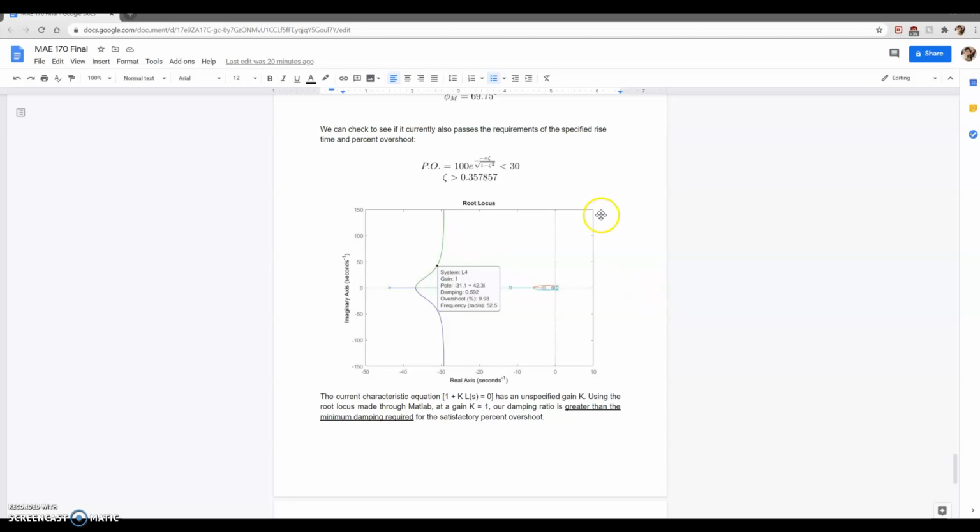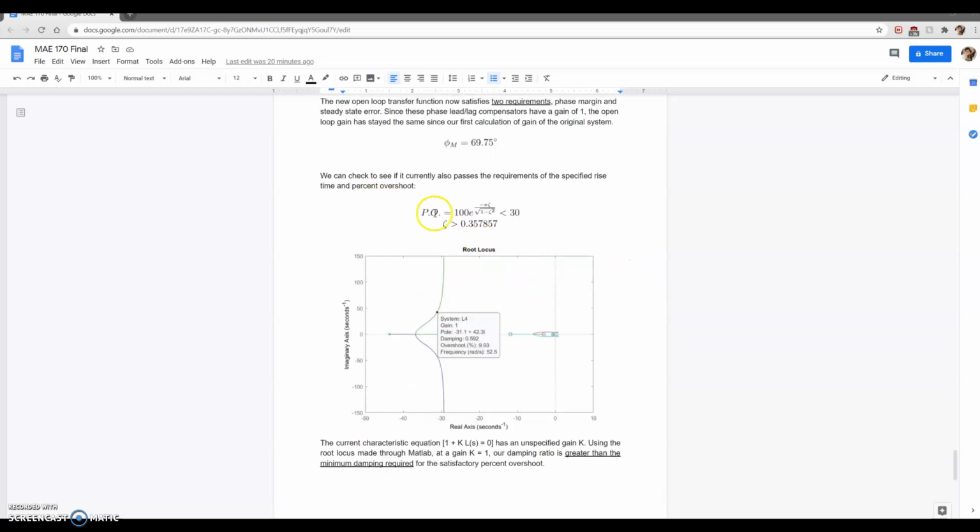So looking at the root locus of our final loop transfer function, I solved for the minimum zeta, or the minimum damping ratio that we would need. I'm using this equation, which needs to be less than 30%, and that gives me a value that the damping has to be greater than 0.357.